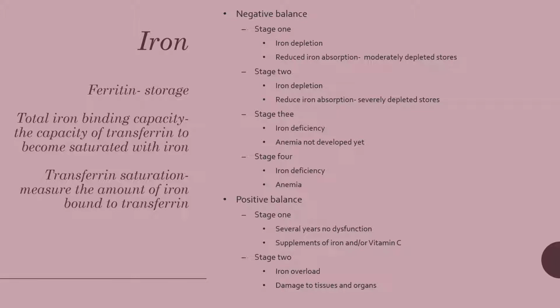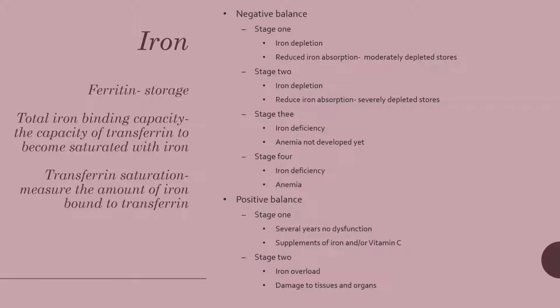On the right-hand side of the slide, you are going to see the stages of negative and positive balance. If we look at negative balance, we see that in stage 1, the body is becoming depleted of iron. Iron absorption has been reduced and stores are becoming depleted.